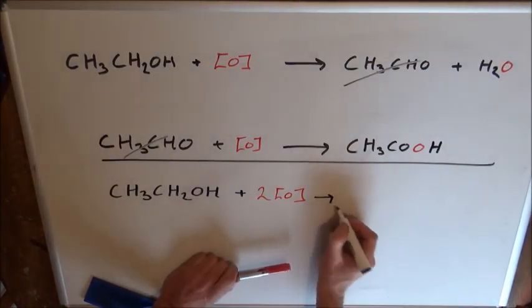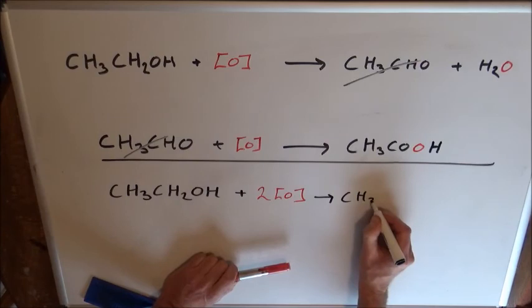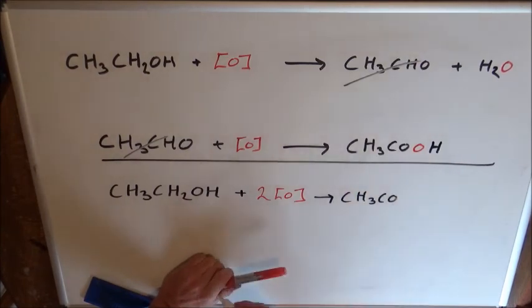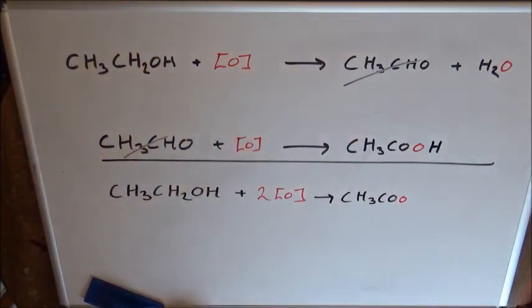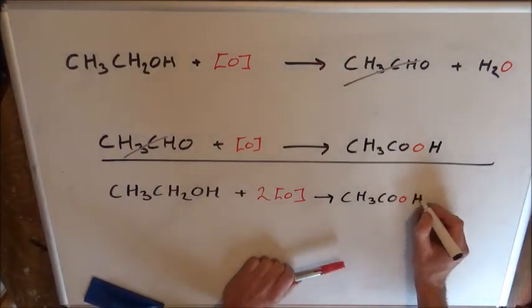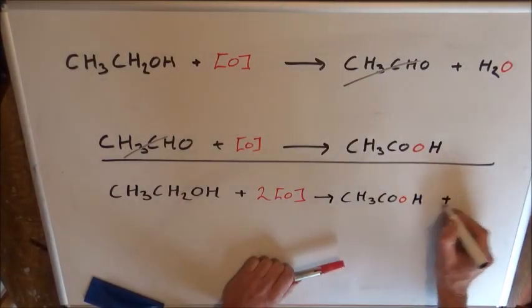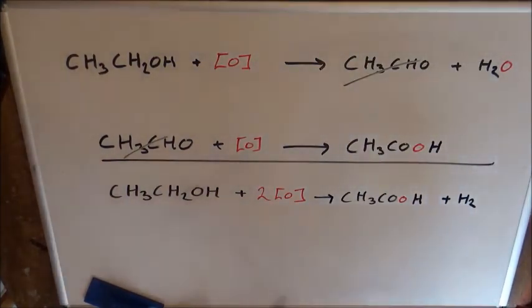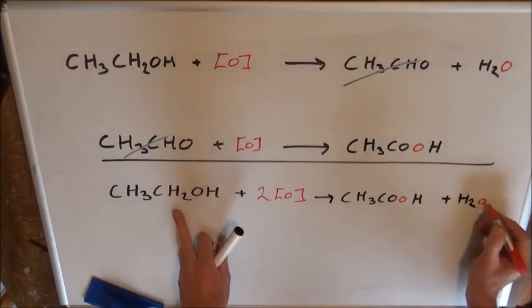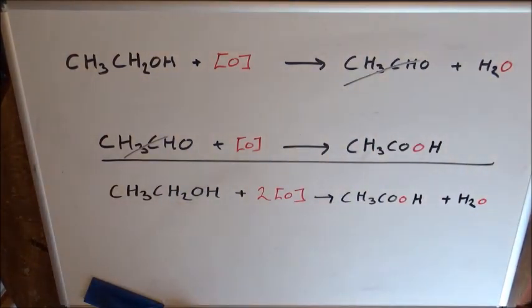And you make your ethanoic acid going directly to the carboxylic acid. So one of the oxygens is part of the carboxylic acid, and the other combines with the two hydrogens taken from the alcohol in the first part of the reaction. So that will be an overall reaction.